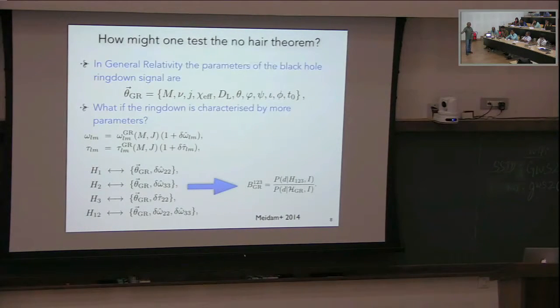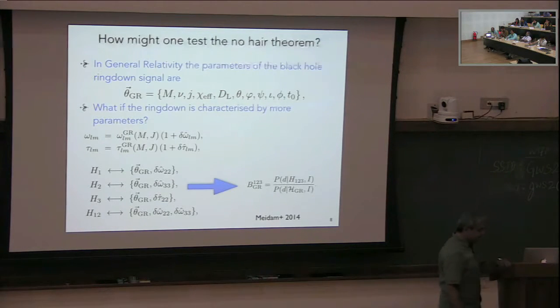Or it could be just a bunch of parameters that I'm interested in and not others. So you could then go and compute Bayes factor for each of these models. For instance, B123 GR would be H123, which I didn't write, which includes GR plus all these 3 modifications, divided by P of the data given GR is true.